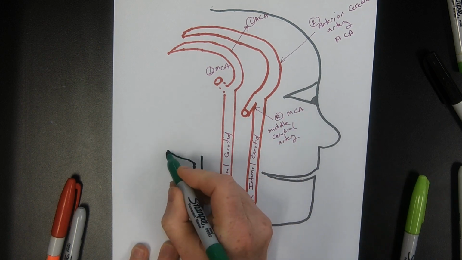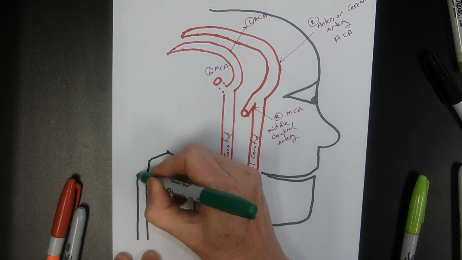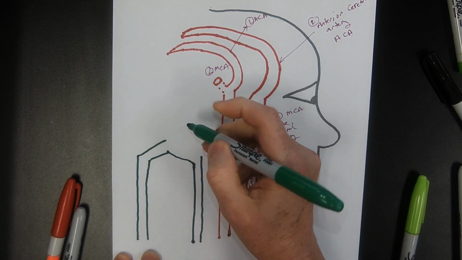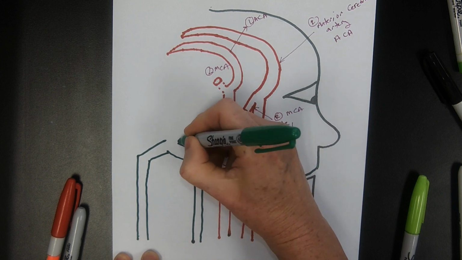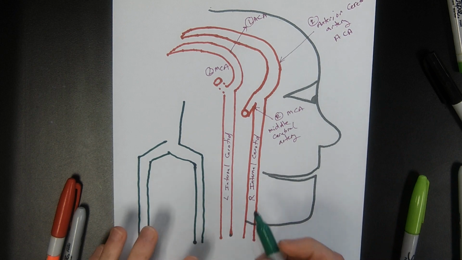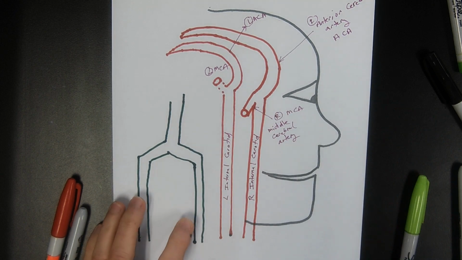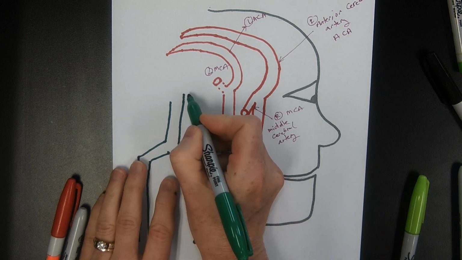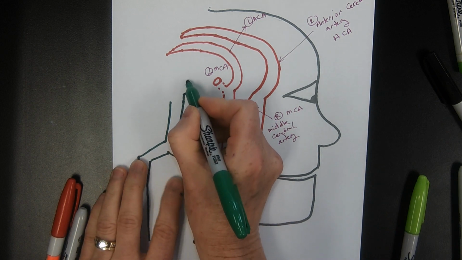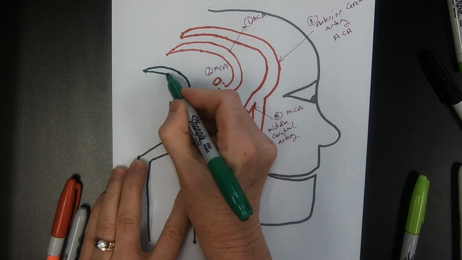About the level of the pontomedullary junction, they meet to form one main artery. What's the name of that artery again? Basilar. Here's your basilar artery coming up. And about the level of the third cranial nerve, the basilar artery splits off and supplies the occipital lobe at the back with blood, with two major chutes going back like that.